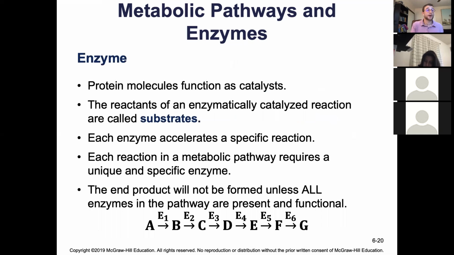Each one of these processes requires a specific enzyme. So the enzyme is specific to the substrate, and it will convert it into something else. Each enzyme accelerates the specific reaction.